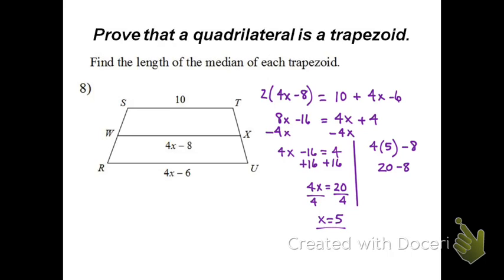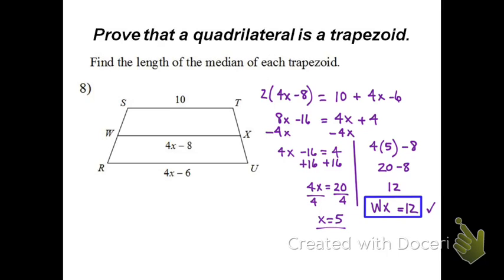And we find out that this median, we'll call it WX, WX is 12. Alright. Look at that. It's like a masterpiece. Climbing our way to the success corner, or let's see, the success tower.